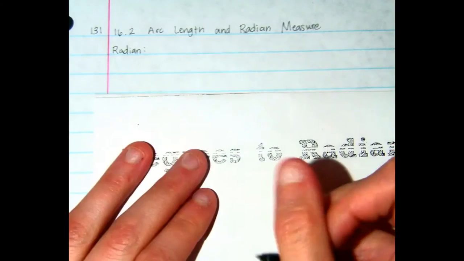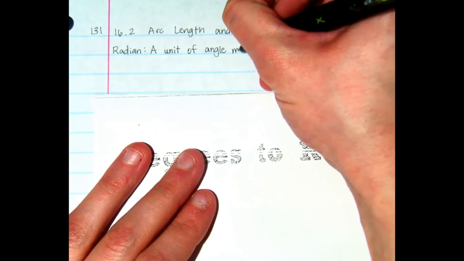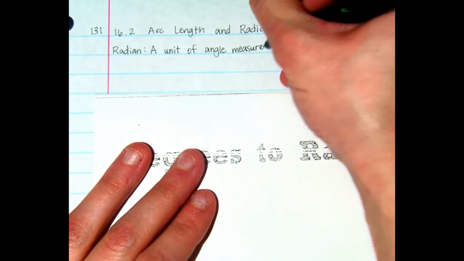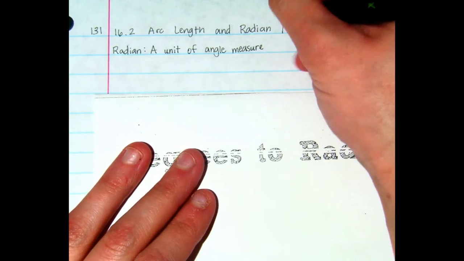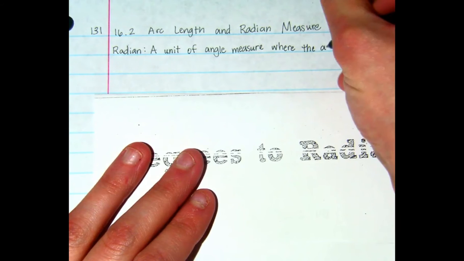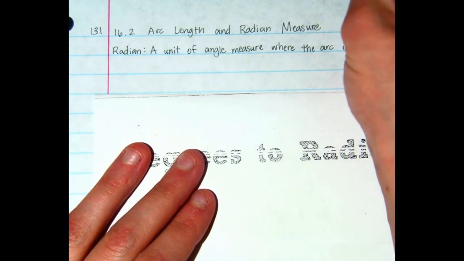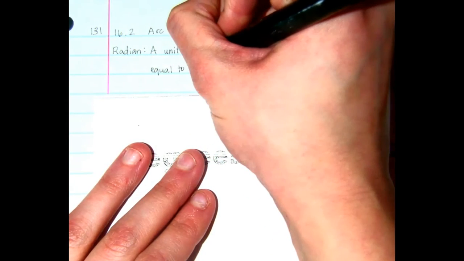A radian is a unit of angle measure, like degrees, where the arc is equal to that of the radius.